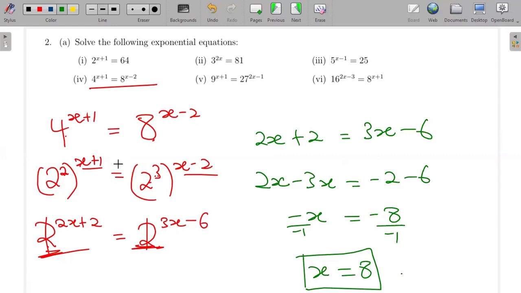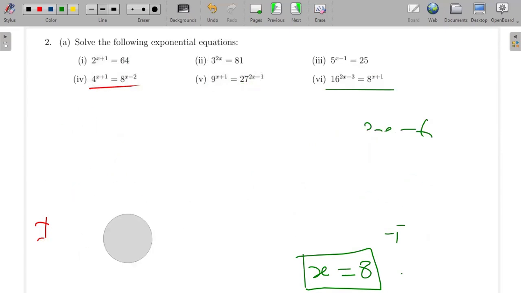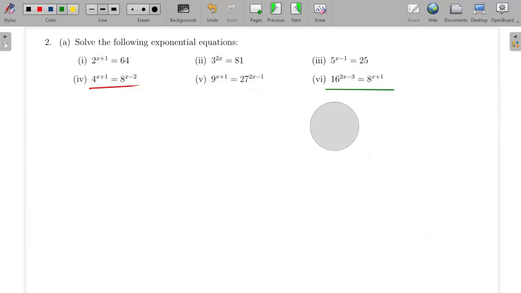The technique that we've used here is the same one that we're going to use for the next ones. So let's do question 5. On 5, we have 9^(x+1) = 27^(2x−1).